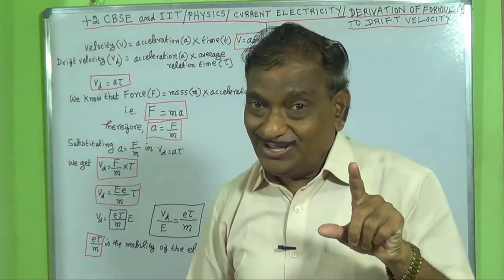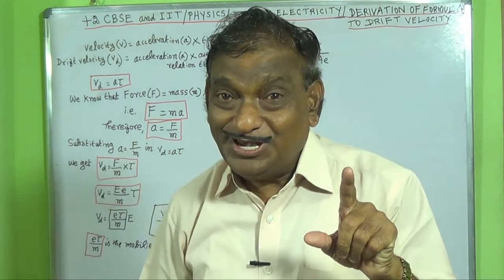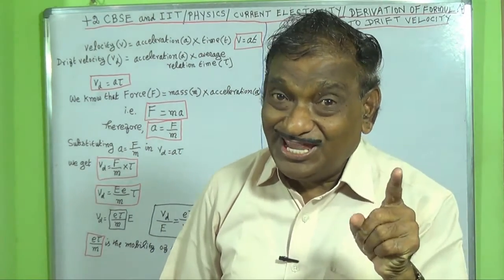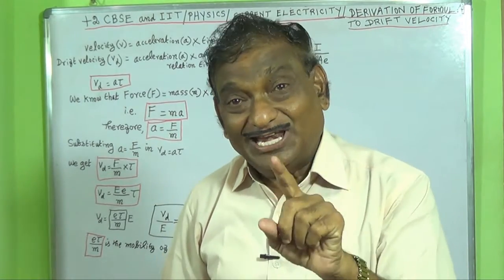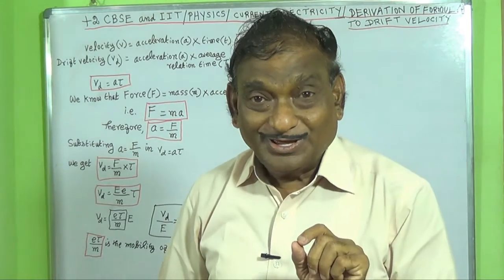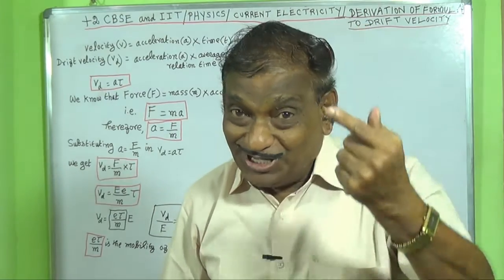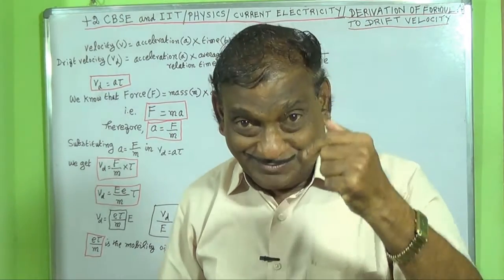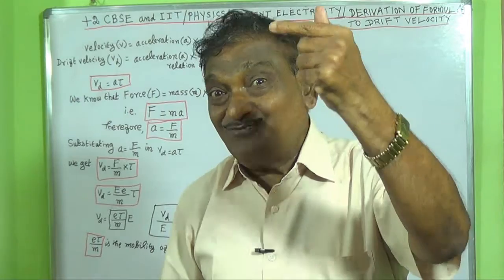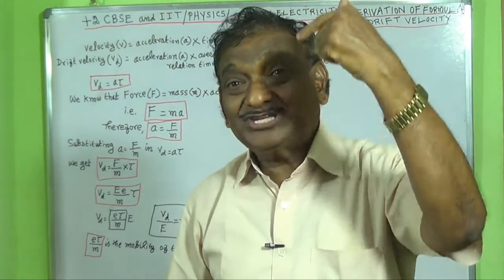Initially we had drift velocity as acceleration into tau, and now we substitute F by m in place of a.